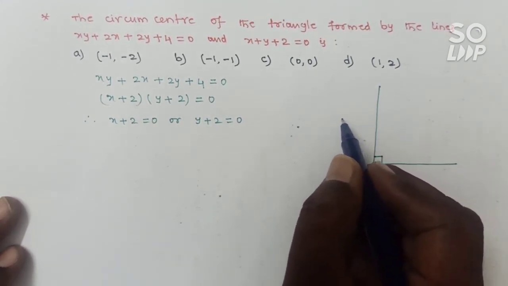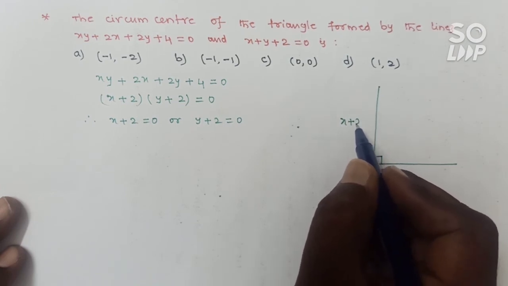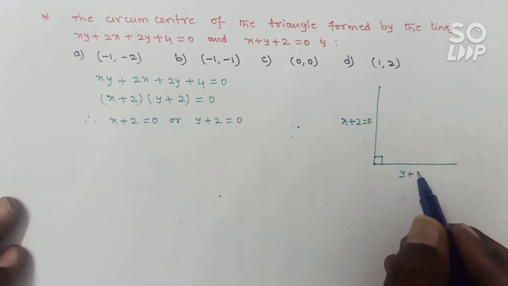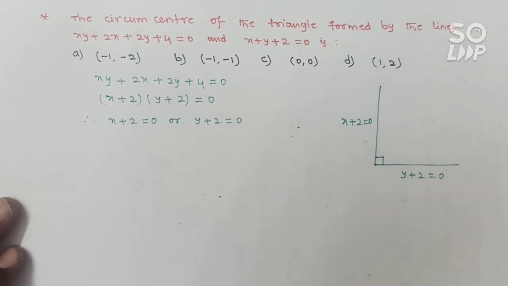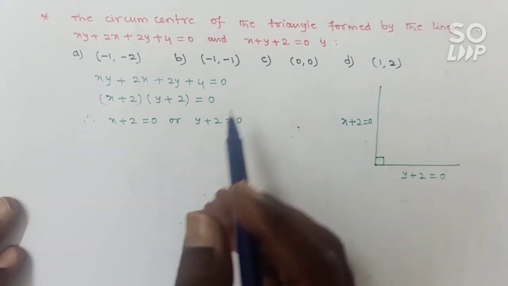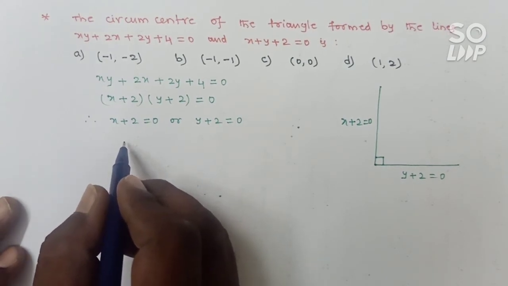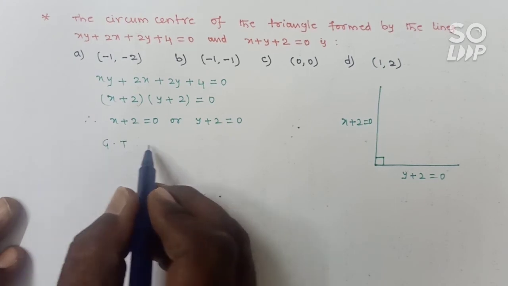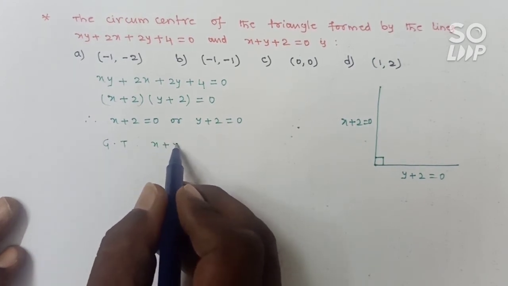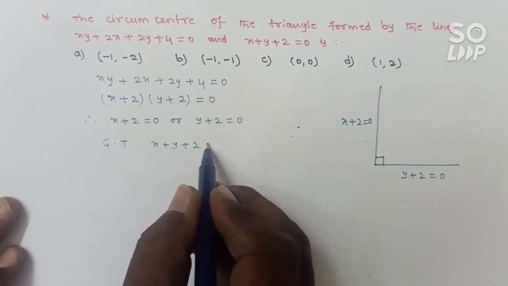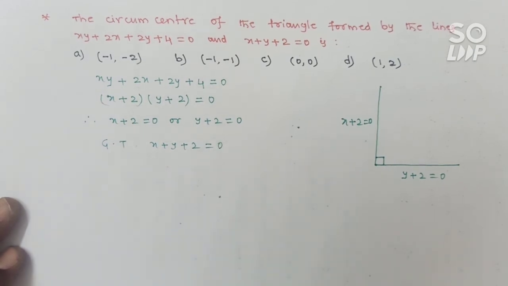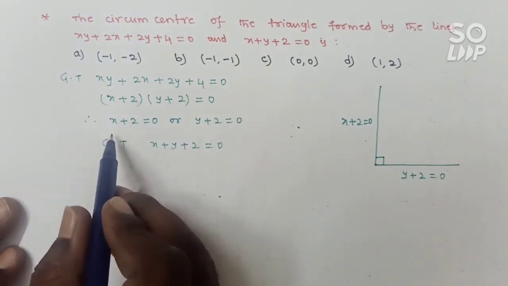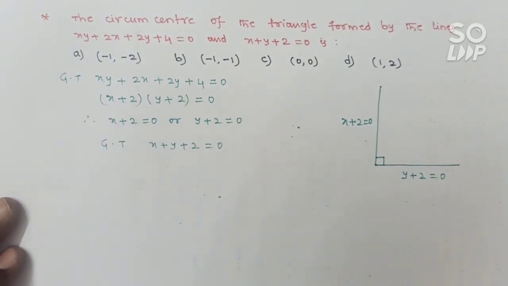This one is x plus 2 is equal to 0, and this one is y plus 2 is equal to 0. And the other equation given is x plus y plus 2 is equal to 0. This is also a given equation, but from the other one we got the factors.